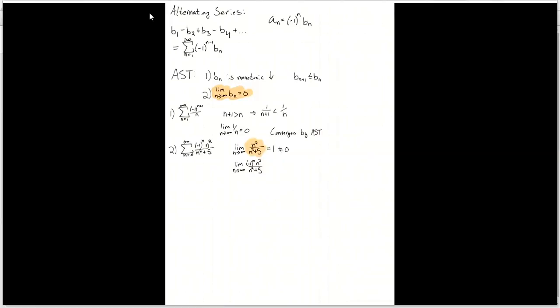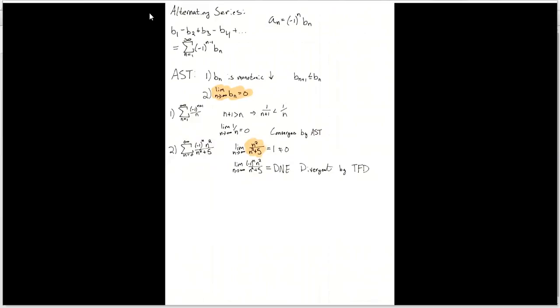This is going back and forth between values approaching 1 and values approaching negative 1. So this limit does not exist, and by the test for divergence, we know that this is divergent.